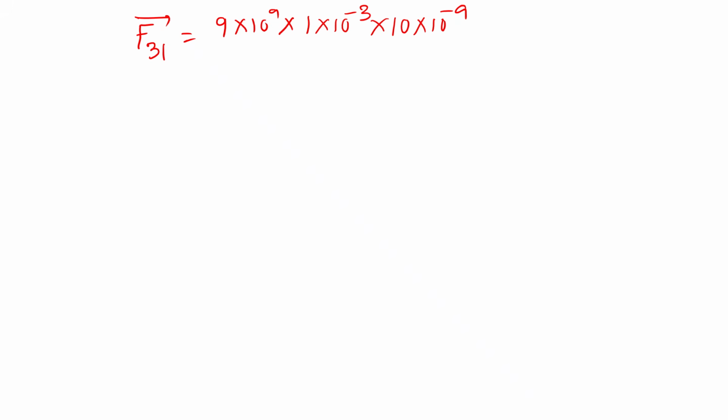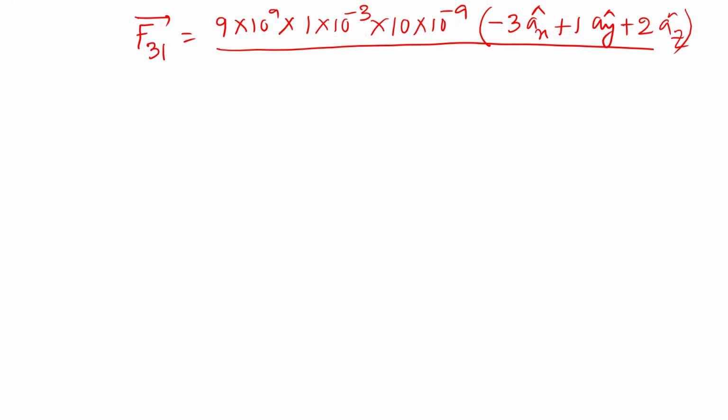Then it will be multiplied by the R31 vector, which is minus 3ax cap plus 1 into ay cap and plus 2 into az cap. This whole thing will be divided by square root of 14 cubed, or in other words you can write it as 14 square root 14. You can use any of these values for F31.